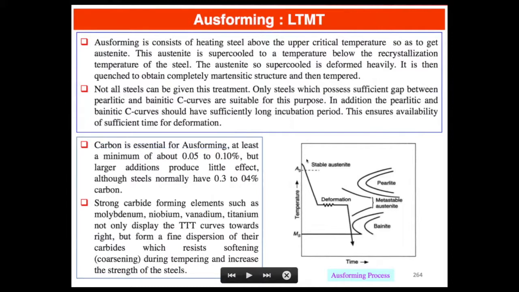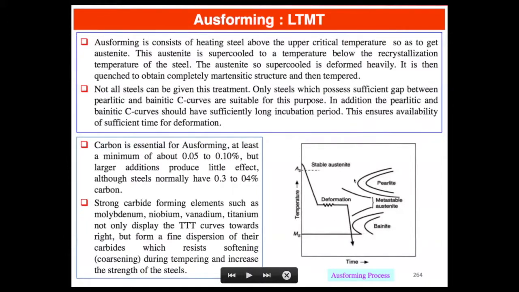quench down fast enough that we miss the nose of the pearlite and bainite bays. We're in this regime of metastable austenite between the two phases. We're going to deform. If we were lower down, we would catch the nose of the bainite.